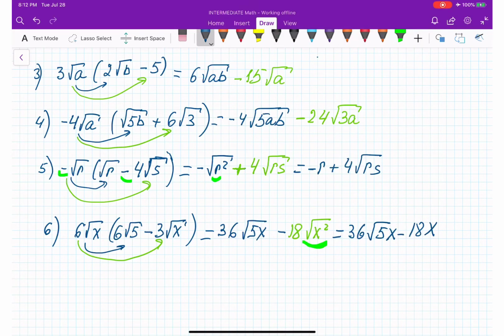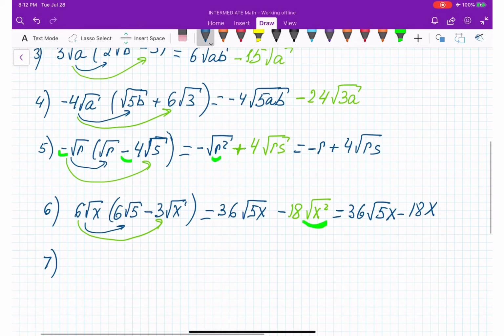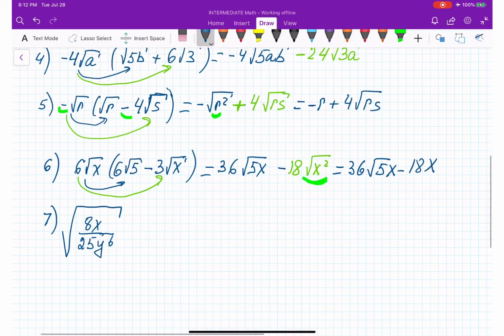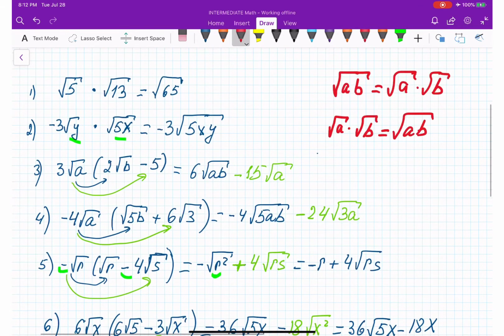So problem number 7. We have square root of 8x over 25y to the power 6, and it's all under square root. Let me write it like this. Okay, what do we have? This is multiplication we have.